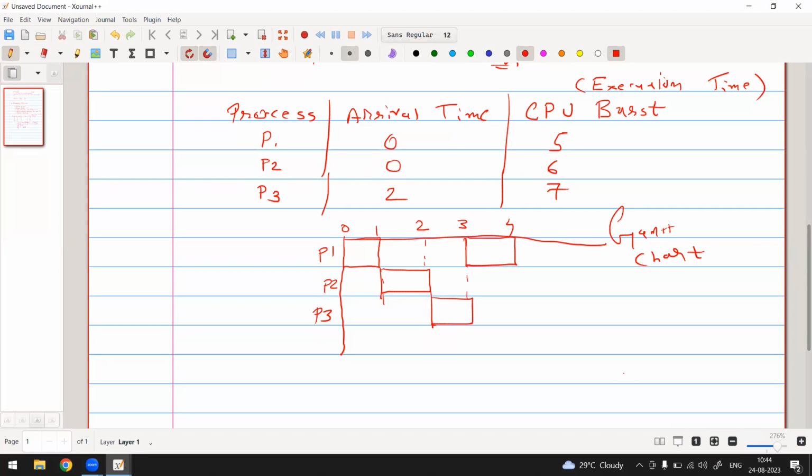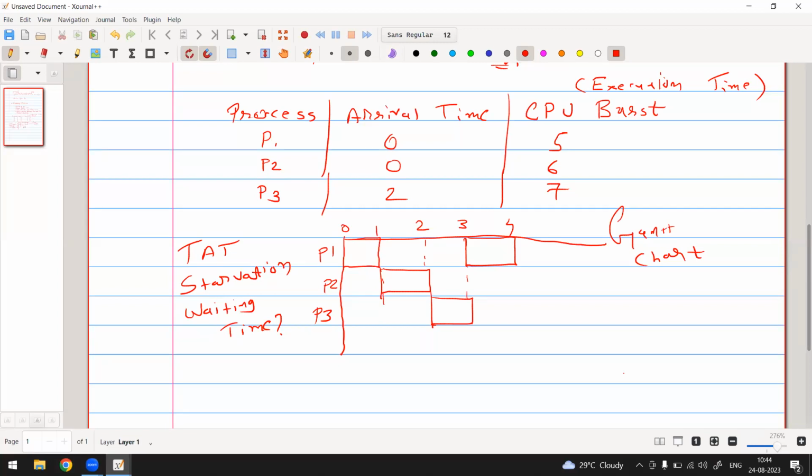So we'll see the example, create the Gantt chart, and after that we'll assess some parameters like turnaround time, the starvation factor, the waiting time, right? That we will see. Waiting time is also an important consideration, because if the waiting time is more, it means that the scheduling algorithm is not very efficient.